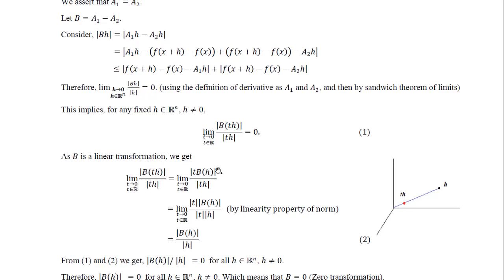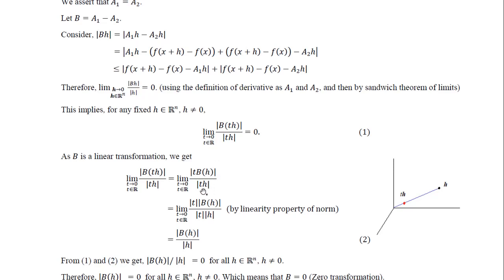So t comes out, so this becomes this one. And now on numerator and denominator both we have a scalar t, and this is a vector Bh. It's a vector in R^m, and h will be a vector in R^n. So the norms are the respective norms, means it's a norm of the codomain space, and this is a norm of the domain space.